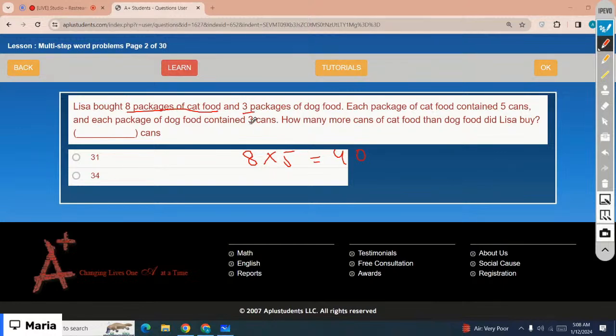Then 3 packages of dog food and each one has 3 cans, so 3 times 3 is 9. You have to see how many more cans of cat food than dog food, so 40 minus 9 is 31. That means she has 31 more cans of cat food than dog food. The correct option is 31.